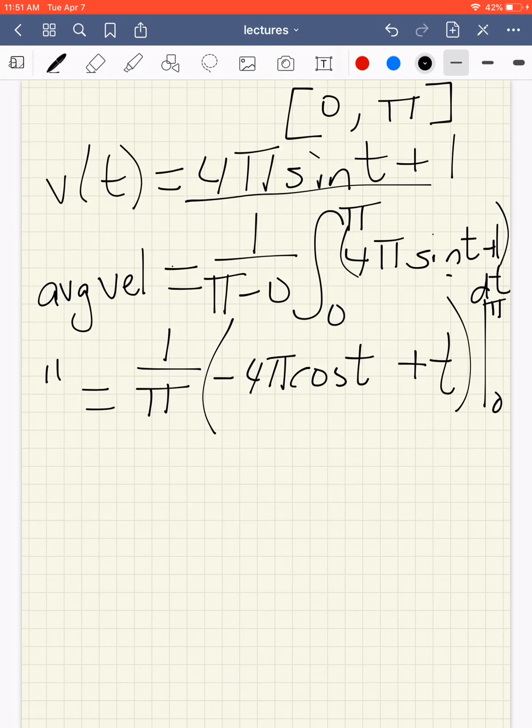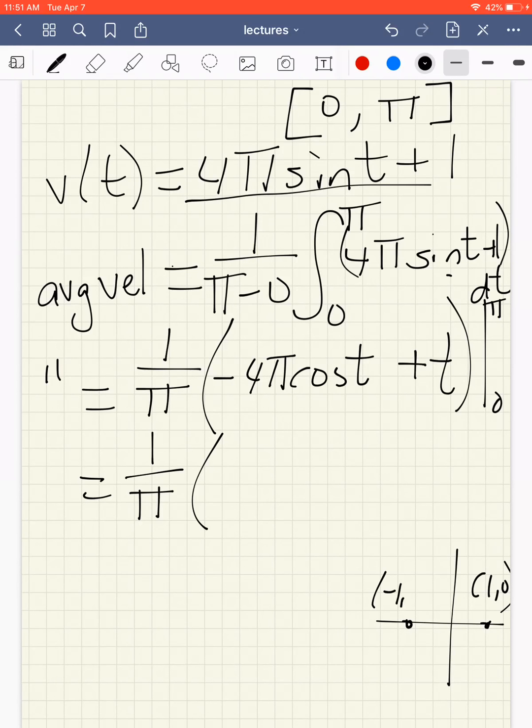Alright, so now let's see, we could go ahead and simplify this. Well, we'll just leave it with the 1 over pi out in front. Let's look at 0 and pi. So that's 1, 0, and that's negative 1, 0. Remember, that's always cosine comma sine. So cosine of pi is negative 1.